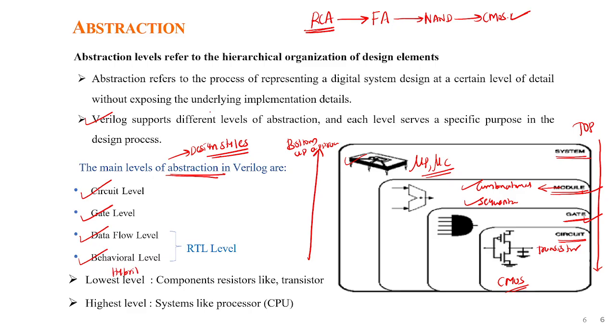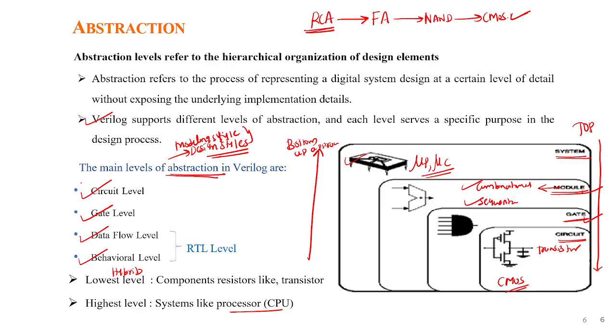Hybrid level means data flow and behavioral are written together, combined. So the lowest level is basically resistor, transistor, and the highest level is system, like CPU. We'll discuss all those things.